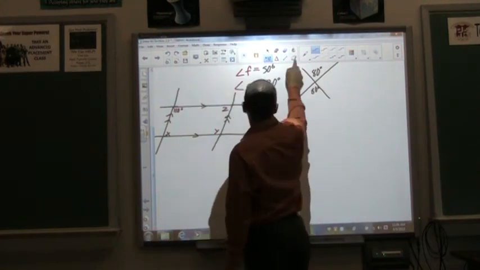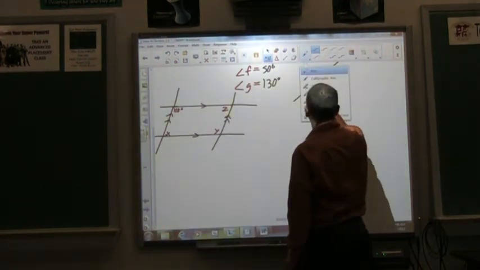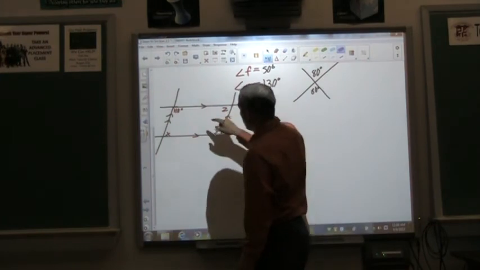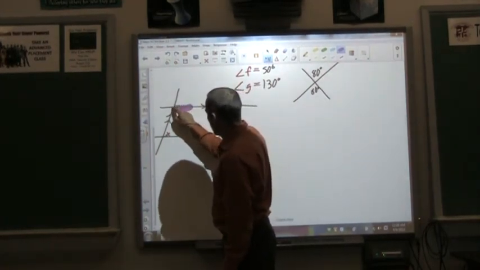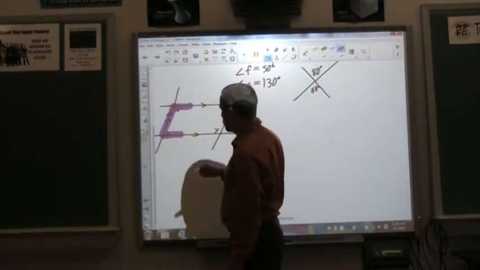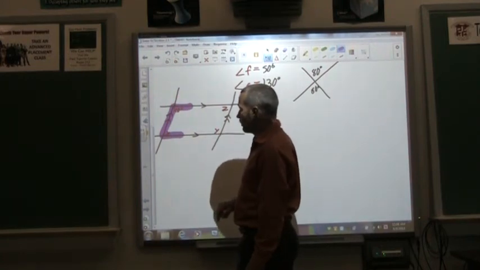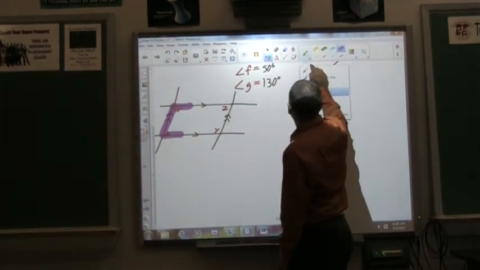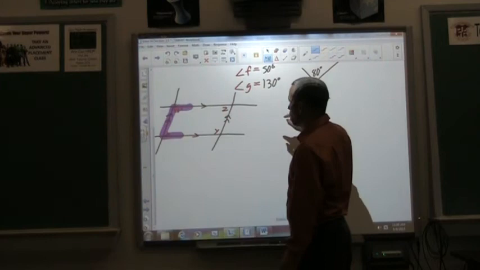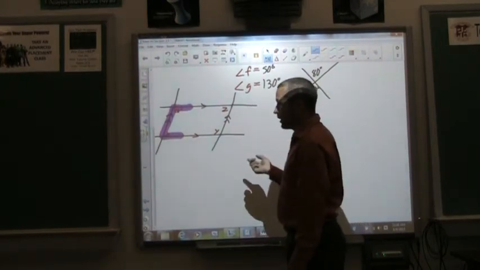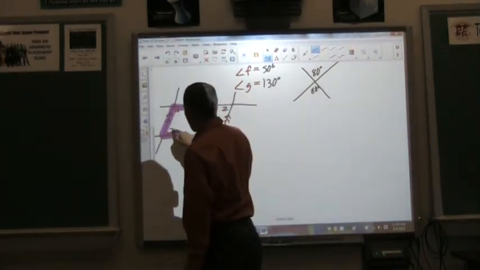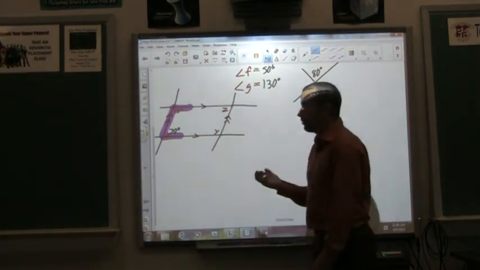What I have here is the C rule, co-interior. So you already know that the co-interior angles add up to 180 degrees, so x must be 70 degrees. That one was fairly easy.